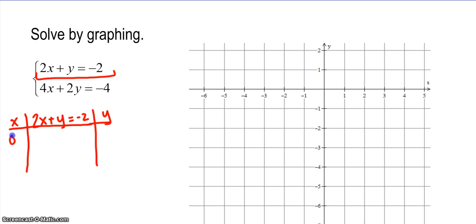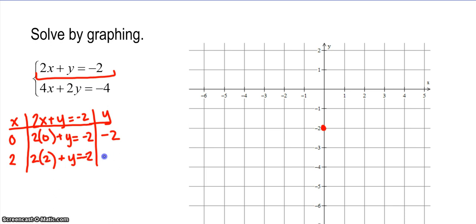So I'm going to put a 0 in for x. 2 times 0 plus y equals negative 2. That's going to give me a y value of negative 2. So 0 plus y equals negative 2, that means y equals negative 2. If I put a 2 in for x, I have 4 plus y equals negative 2.